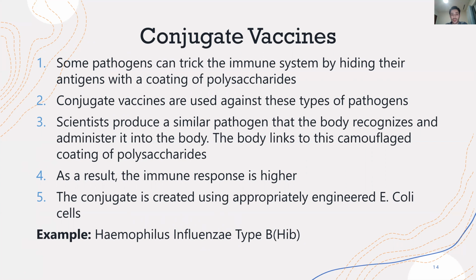The body links to this camouflage coating of polysaccharide. As a result, the immune response is higher. This conjugate is usually created using appropriately engineered E. coli in a cell culture. Example of this type of vaccine would be HIV vaccine.